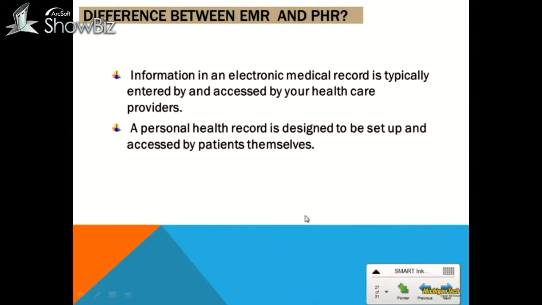The difference between these two is that the first one is typically entered and accessed by your health care provider, by the doctor, nurse, or the administrator in the hospital. But the second one, a personal health record, is designed to be set up and accessed by patients themselves.